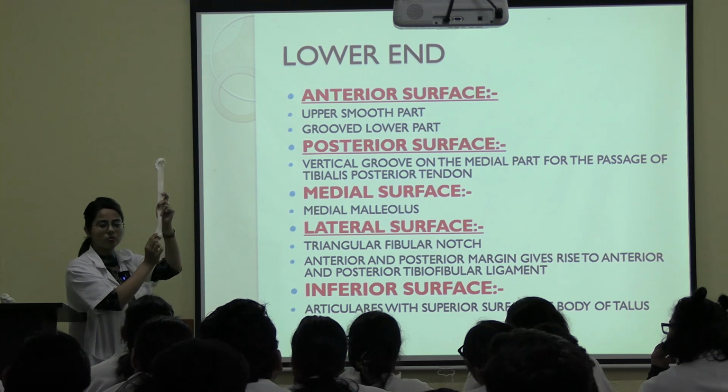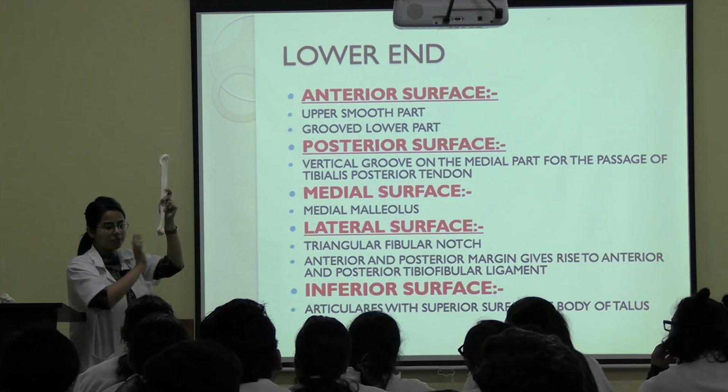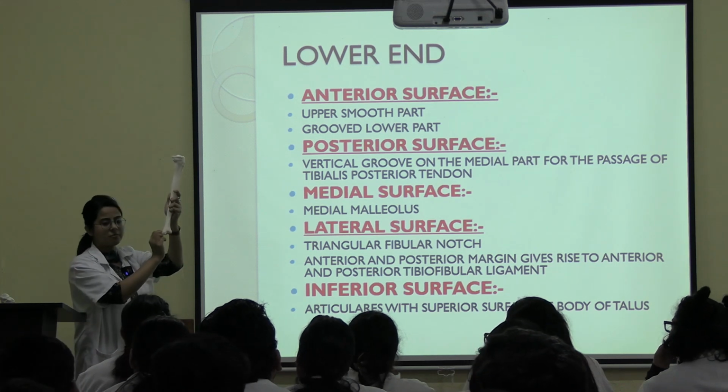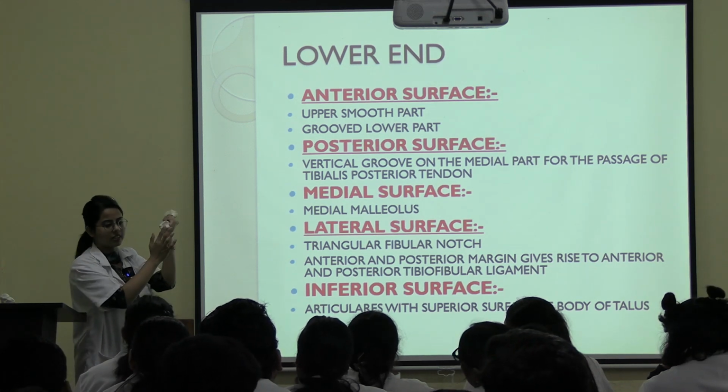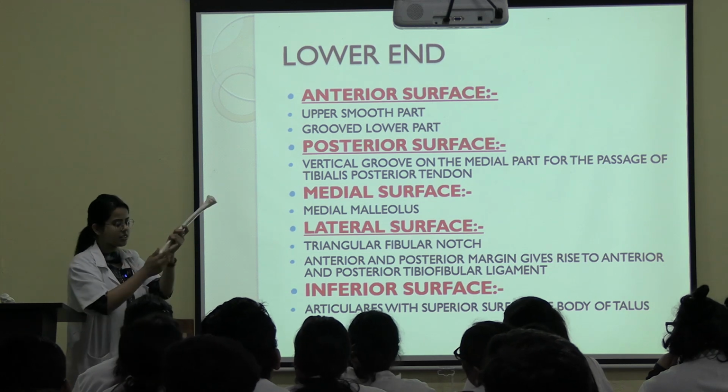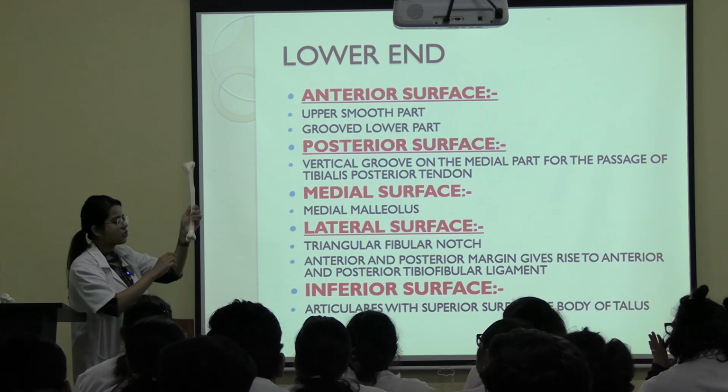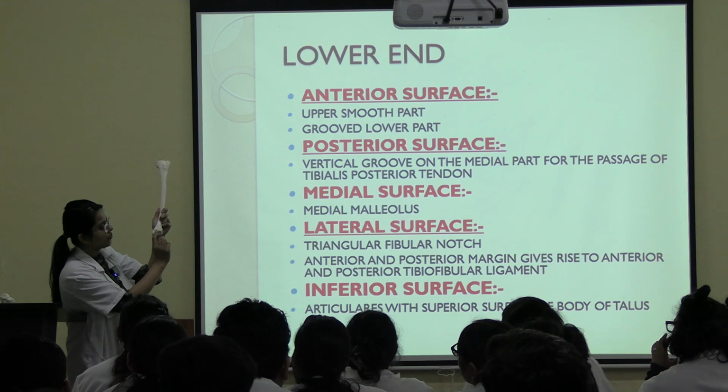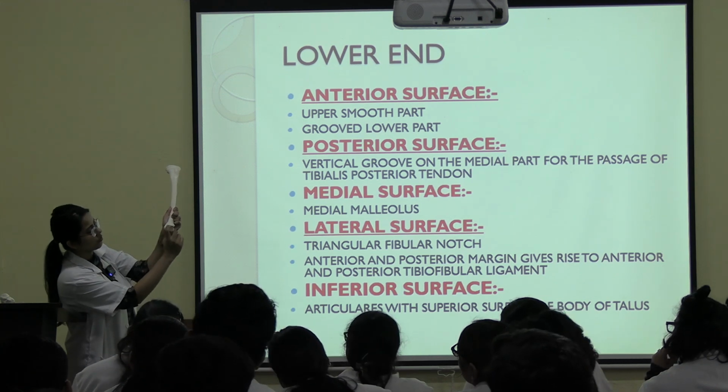And this is the lateral, which is also known as the, what is this notch called? Fibular notch. This is the medial and this is the inferior. Clear? And this is the posterior. So the anterior surface of the lower end will have a groove here. Can you see the groove?